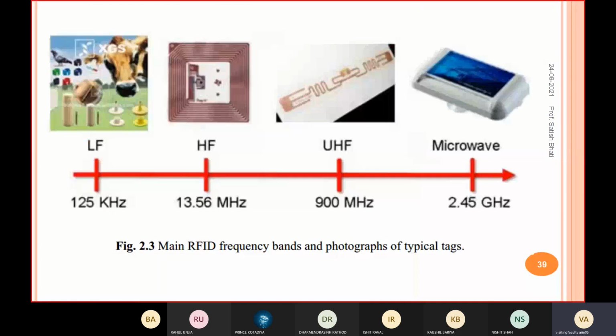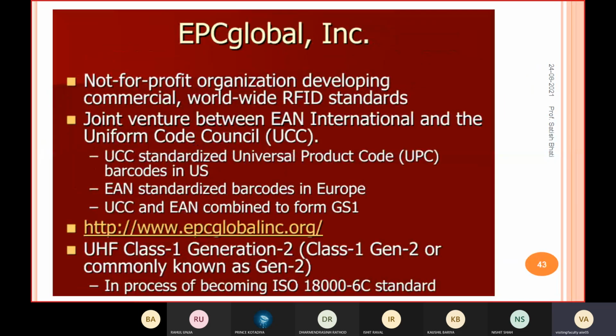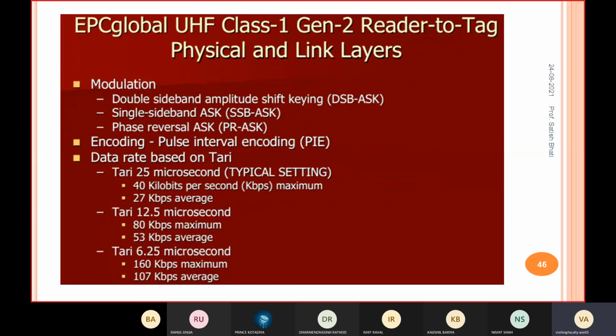Okay, so here in this EPC Class 1 Gen 2, the modulations are like DSB-ASK. These are different types of modulation: double sideband amplitude shift keying, single sideband amplitude shift keying, and phase reversal amplitude shift keying.